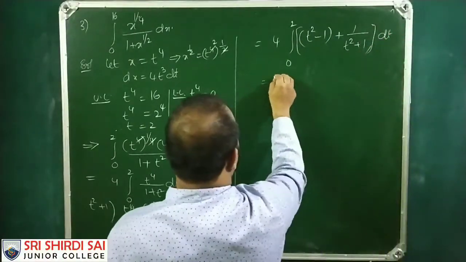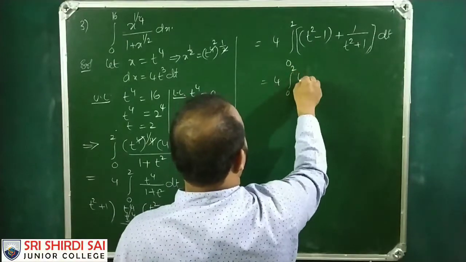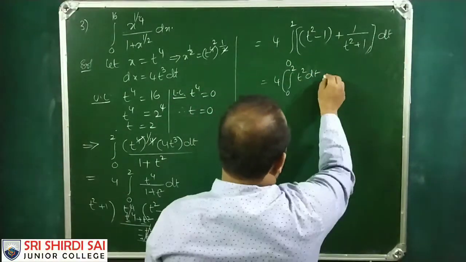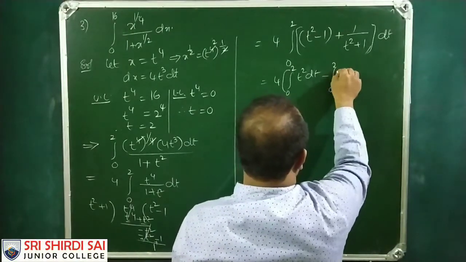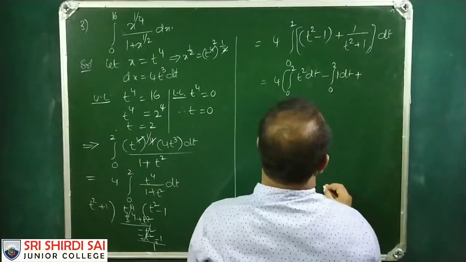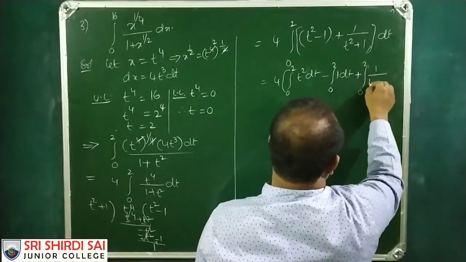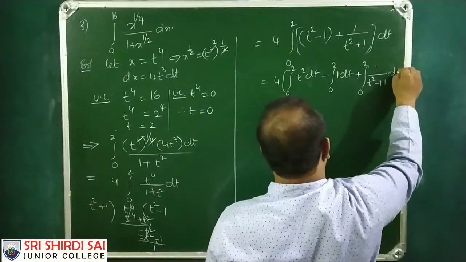This is equal to 4 times integral 0 to 2 t square dt. I am separating. Minus integral 0 to 2 1 dt plus integral 0 to 2 1 by t square plus 1 dt.